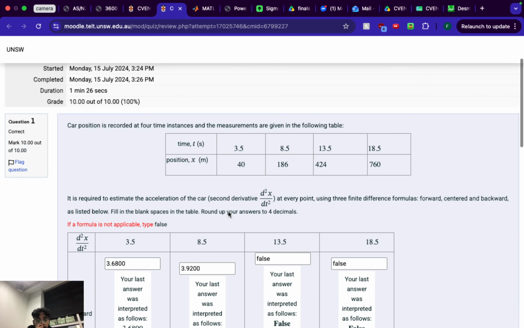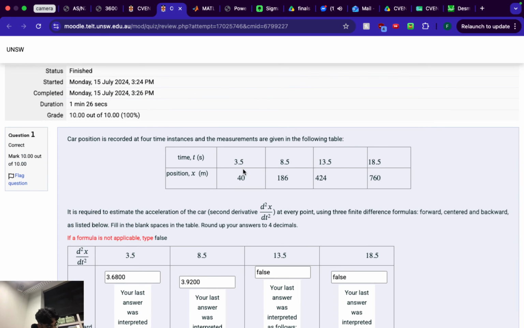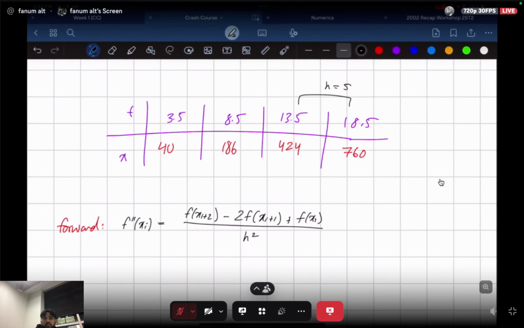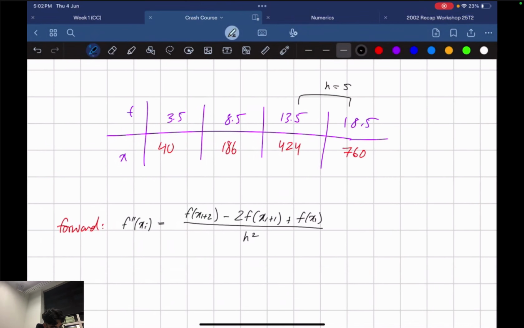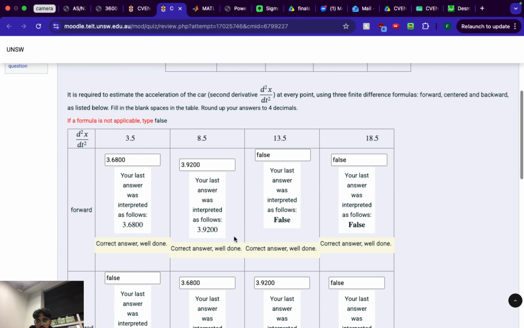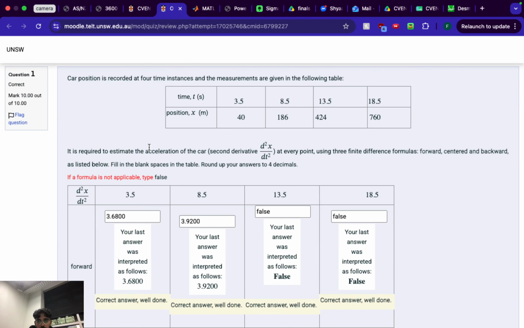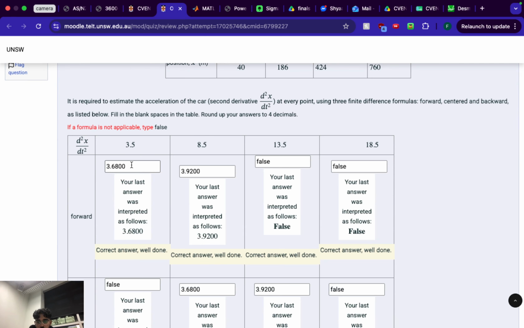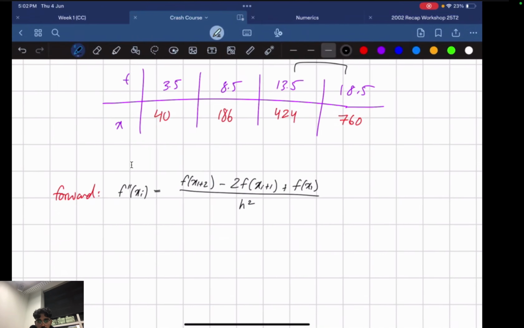In this case, h is also given to us as 5. Okay, cool. Can you guys see this? And our job is to figure out what the acceleration is at a certain point. Okay, let's try it out.